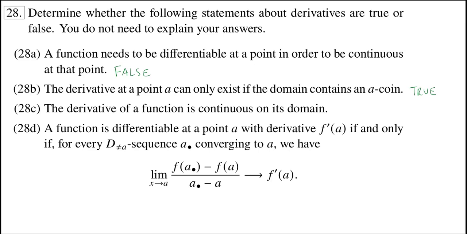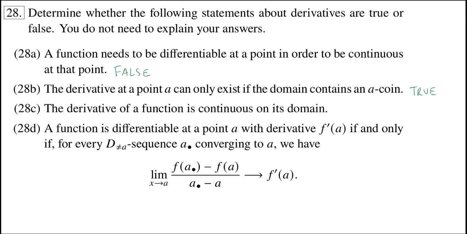The third statement: the derivative of a function is continuous on its domain. This is actually false. It's very possible to build a function which, when you take the derivative, all of a sudden you lose continuity.